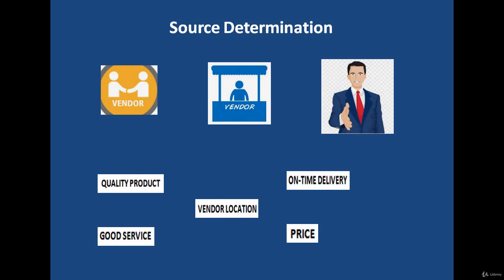The company wants the vendor to supply the materials at a reasonable and affordable standard price existing in the market, benefiting both the company and the vendor. So these are a few factors at the time when the company is identifying new vendors in the market.